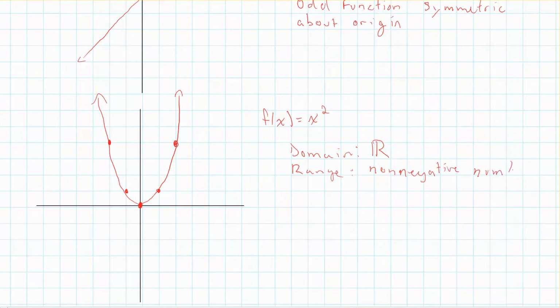numbers. Now, a few of you might say, well, why don't I write it as positive numbers? The reason you can't is technically 0 is not positive or negative. So if you say positive numbers, you're losing the fact that the output can be 0 when the input is 0. So to say all positive numbers including 0, we would say non-negative numbers.